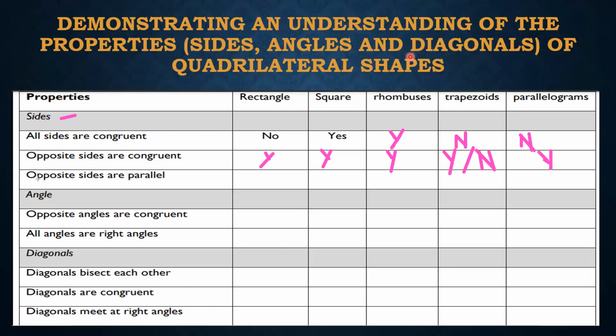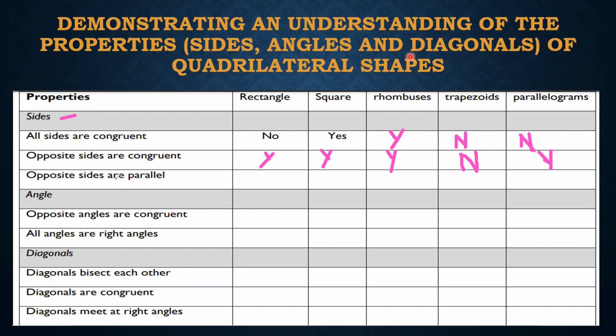Now, the opposite sides are parallel. Now, let's talk about the opposite. Yes, the trapezium. Let me do one more cleaning here. The parallel, that is where we have the yes and no. Yes, okay, good. So here the opposite sides are congruent. No, the trapezium is no, because the opposite sides are not the same.